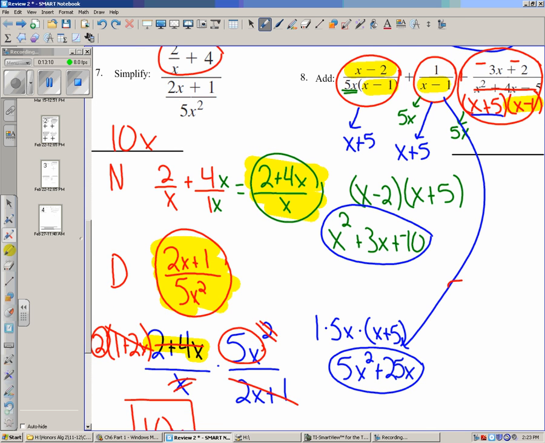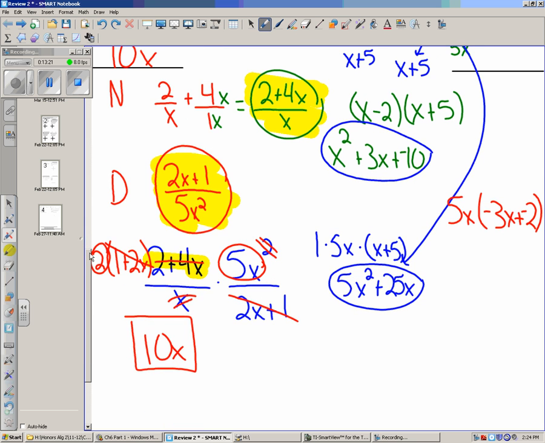So here's the 5x that I have to multiply, and now here comes the negative 3x plus the negative 2. So multiplying that, I'm going to move this down a little bit, I'll get negative 15x squared plus negative 10x. Now all three parts that are circled here, I'm going to highlight them for you, are going to be all combined together. So that's going to be my next step.